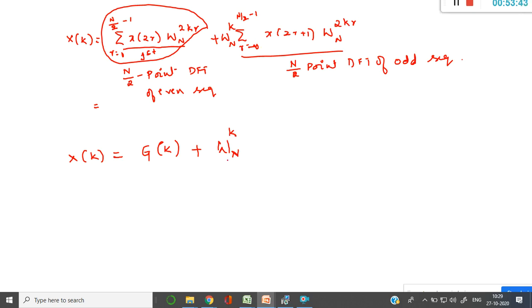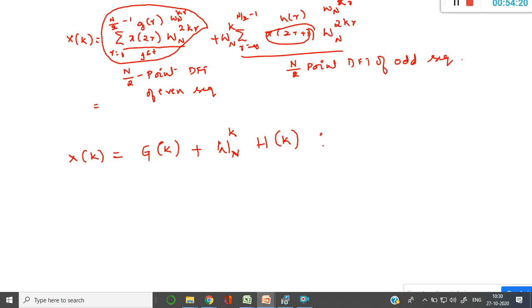Here I write g of r W_N^{kr}, and I replace x of 2r plus 1 as h of r W_N^{kr}. So this is where I write h of k. Now this is my n by 2 DFT.